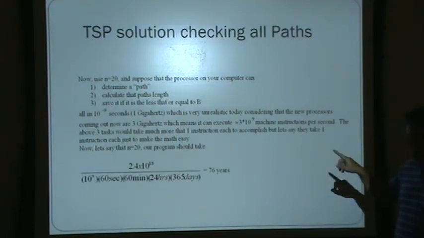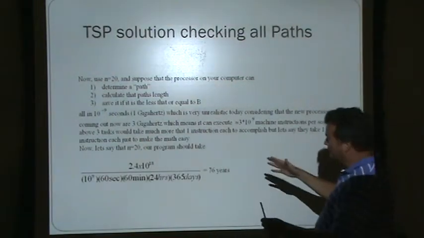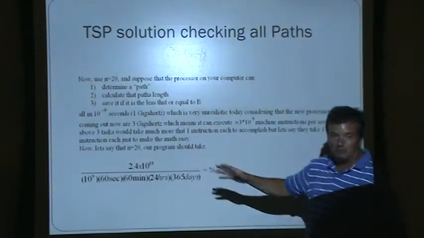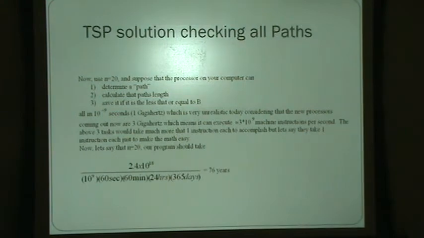This algorithm would take 76 years to compute if we used n as 20. So again, this is an exponential algorithm, but just to give you an idea, with 20 cities and the processors that you can buy now, like down in Staples when you buy a pretty good computer, using an exponential algorithm, it would take 76 years to run.